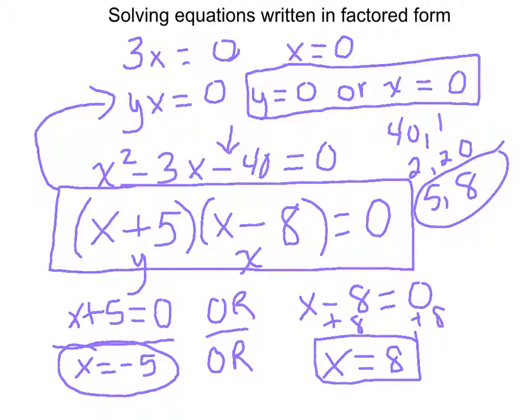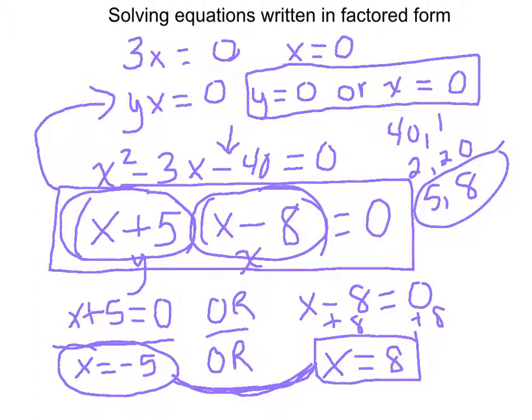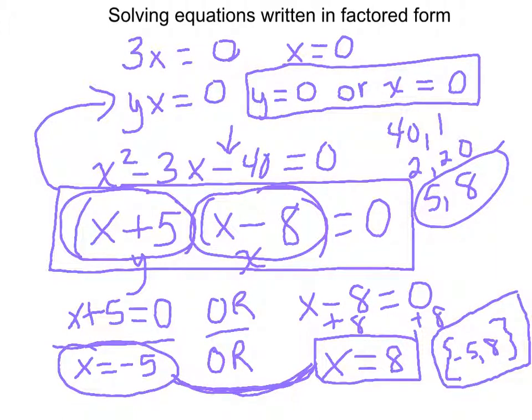If we put a negative 5 in here, that'll give us 0. 0 times anything is 0. If we put an 8 in this one, 8 minus 8 is 0, and 0 times anything is 0. So our solutions, and you want to use these little brackets, that can be a little difficult to draw, are our possible solutions for this equation, negative 5 and positive 8.